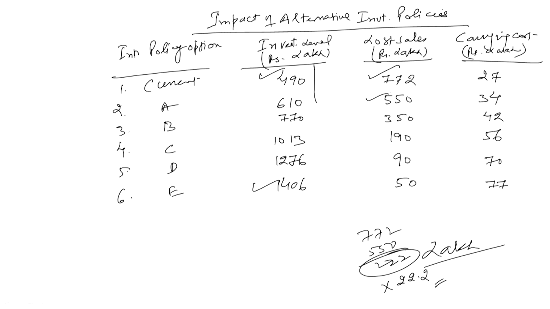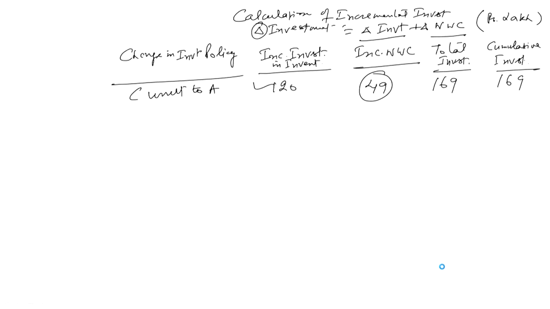So, the increase in the sales will be 222 lakhs, and when there is an increase in the sales by 222 lakhs, net working capital will also increase at the rate of 22.2%, and the net change in the net working capital will be 49 lakhs.